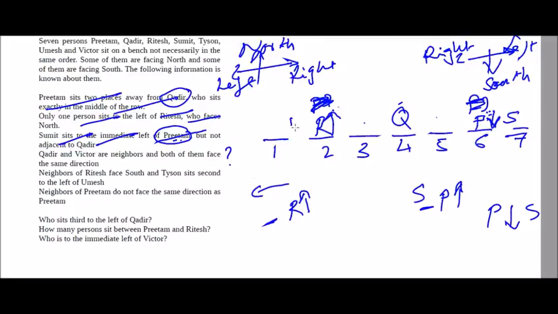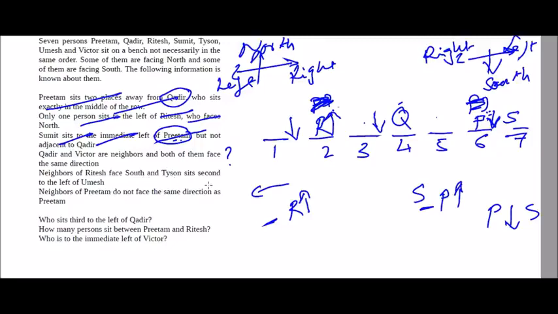Neighbors of Ritesh face south. Now I cannot say Victor is here and make Kadir also sit south. If Victor comes in position 5, then there is a possibility that Kadir and Victor face north also. So I still have to work with this.